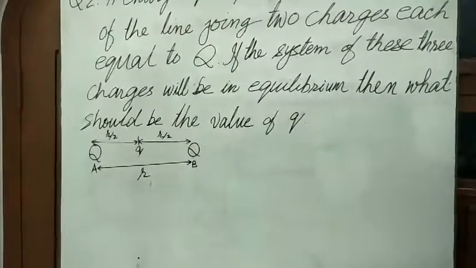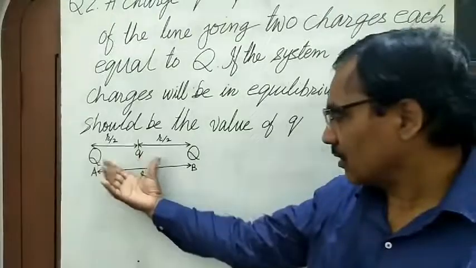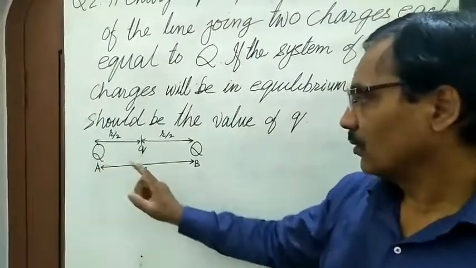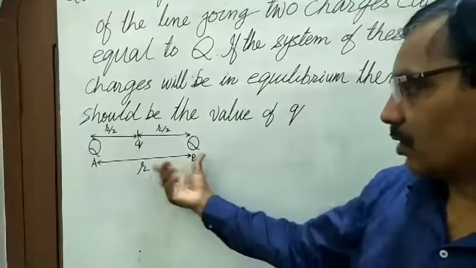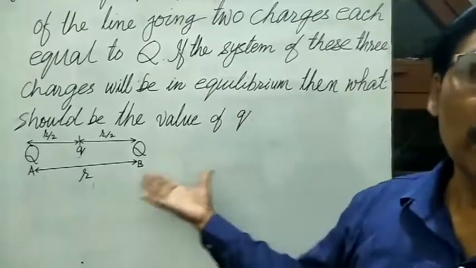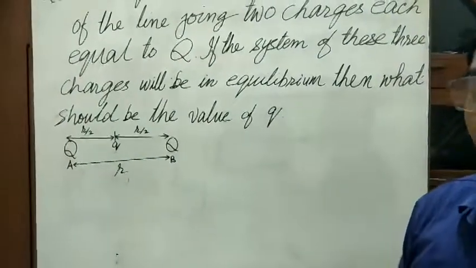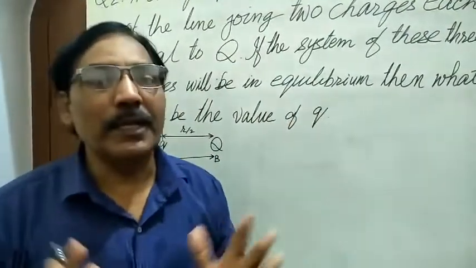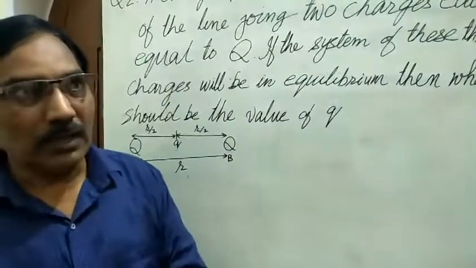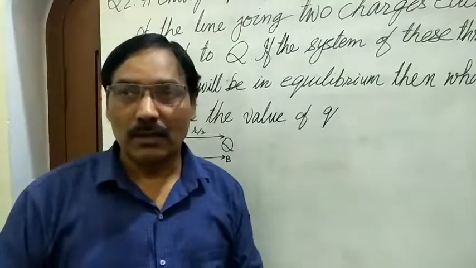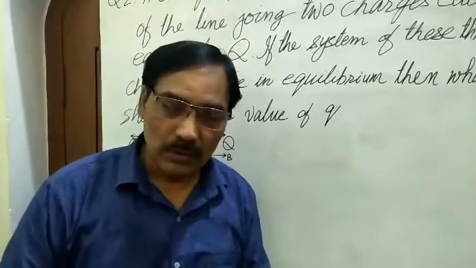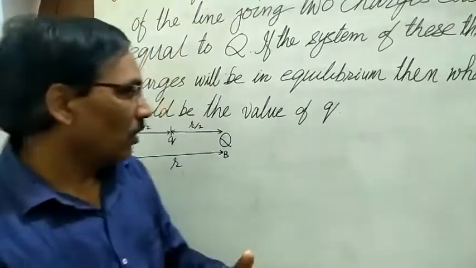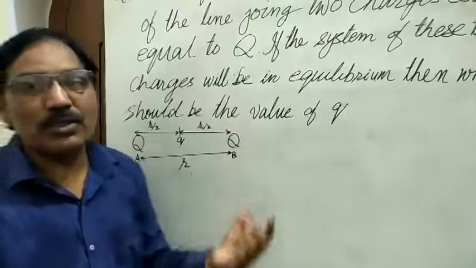Now the system of these three charges, Q, small q and capital Q, is in equilibrium. I have taught you in class 11 that a system will be in equilibrium if the net force on every part of the system is 0.